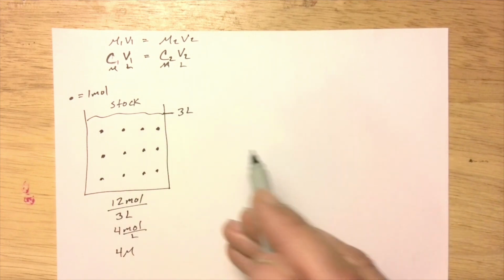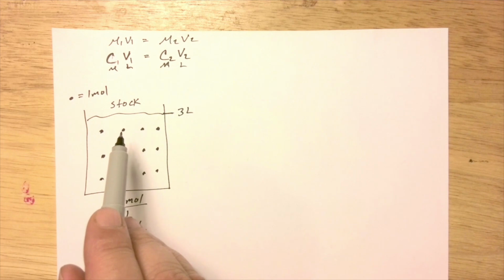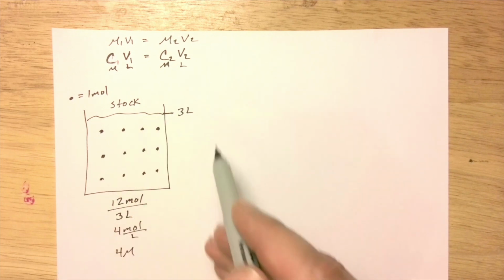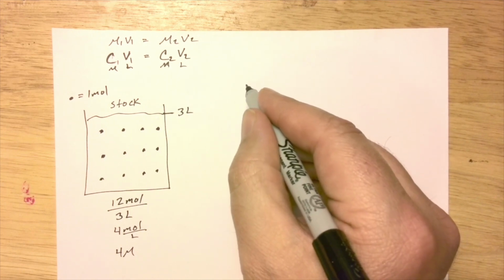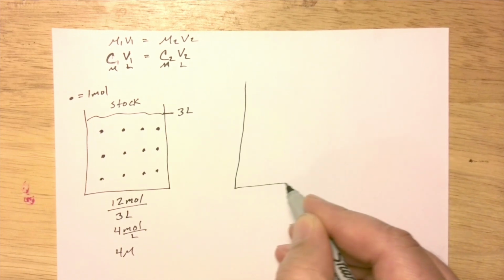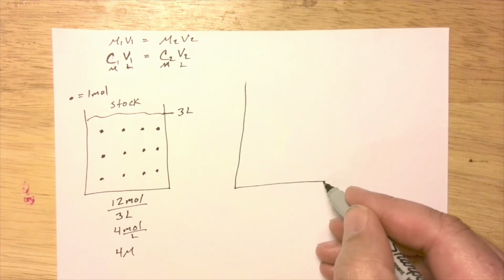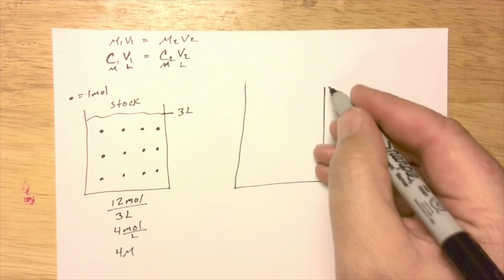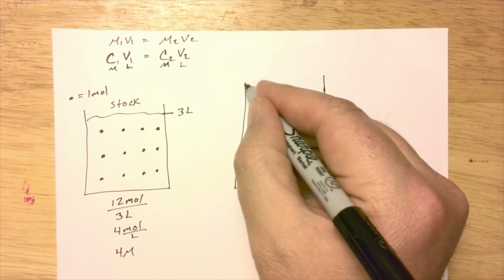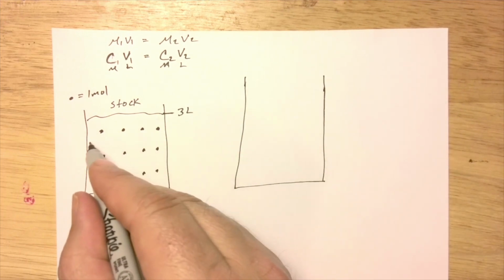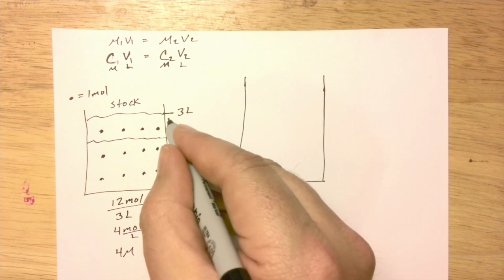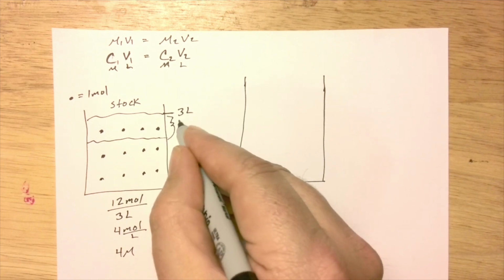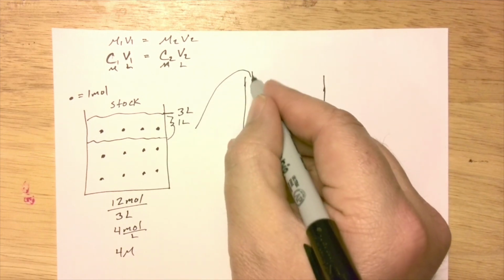So now, if I need to make a dilution, and I want to pour this into another container, let's say a little bit larger container, initially I only pour out 1 liter of it. So this 1 liter right here is being poured into here.